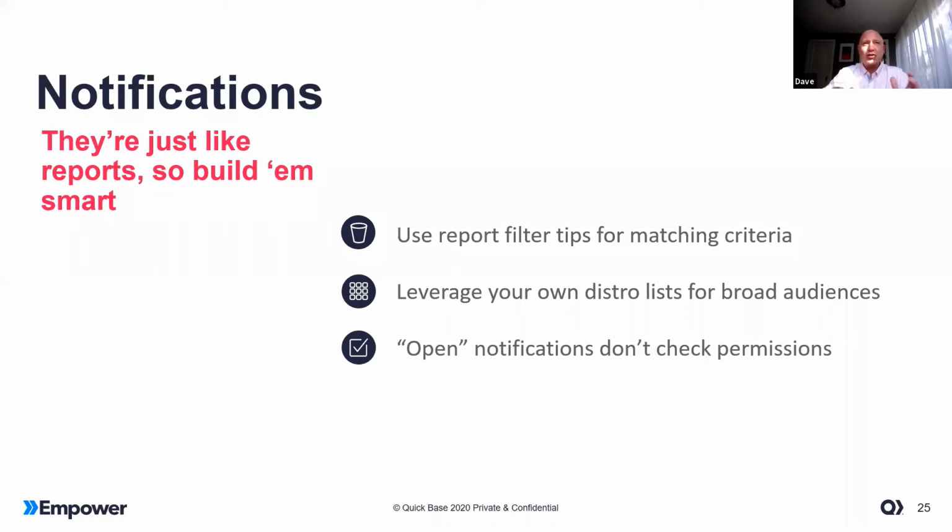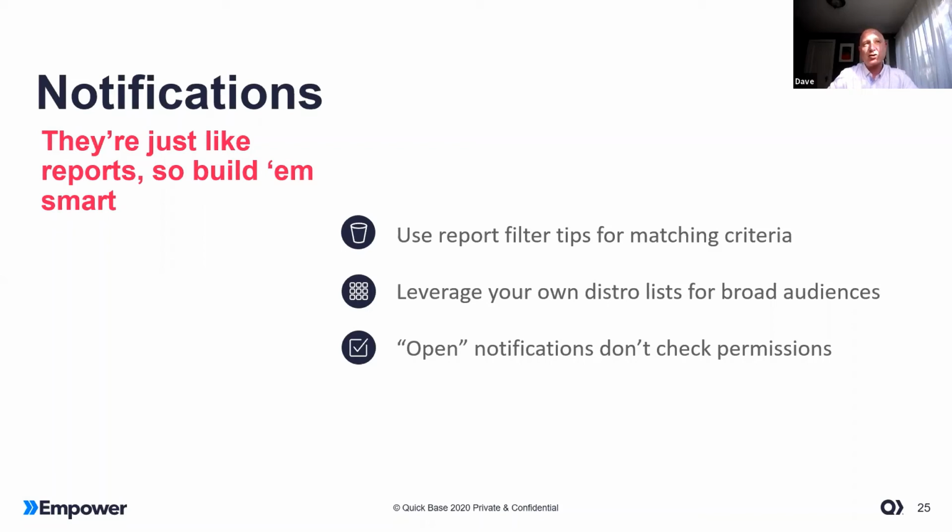If you are sending notifications to a lot of different users, try using your own company distribution lists and sending an email notification just to that distribution list, and then your infrastructure and your email systems will handle the rest, and they'll get that notice out to all the people that need to get it.